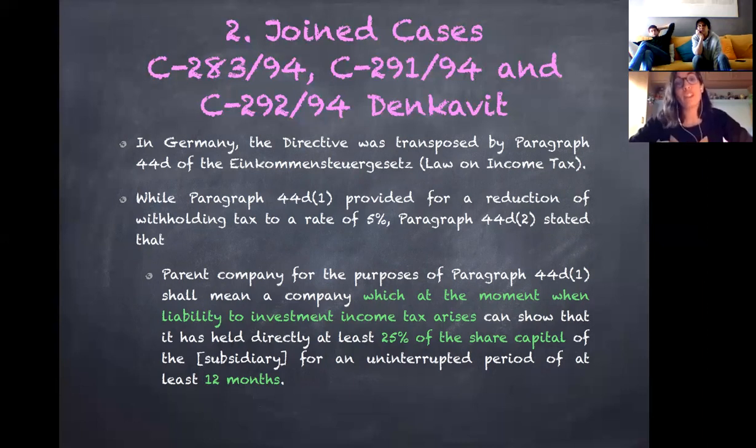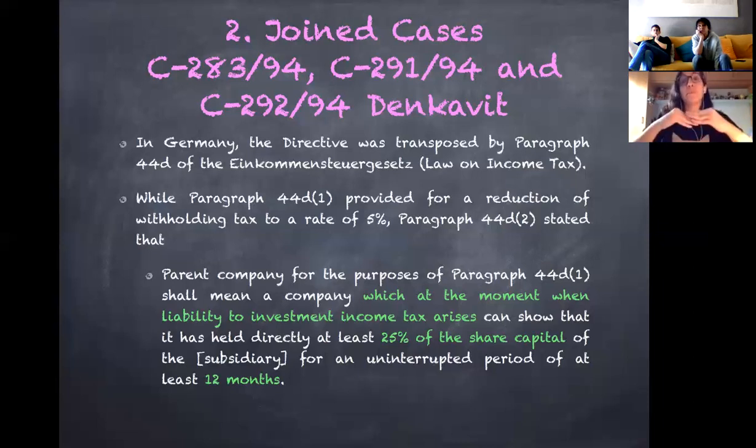While paragraph 44d(1) provided for a reduction of withholding tax to a rate of 5%, as we have said in the previous slide, paragraph 44d(2) stated the following: parent company, for the purposes of paragraph 44d(1), shall be a company which, at the moment when liability to investment income tax appears, can show that it has held directly at least 25% of the share capital of the subsidiary for an uninterrupted period of at least 12 months.